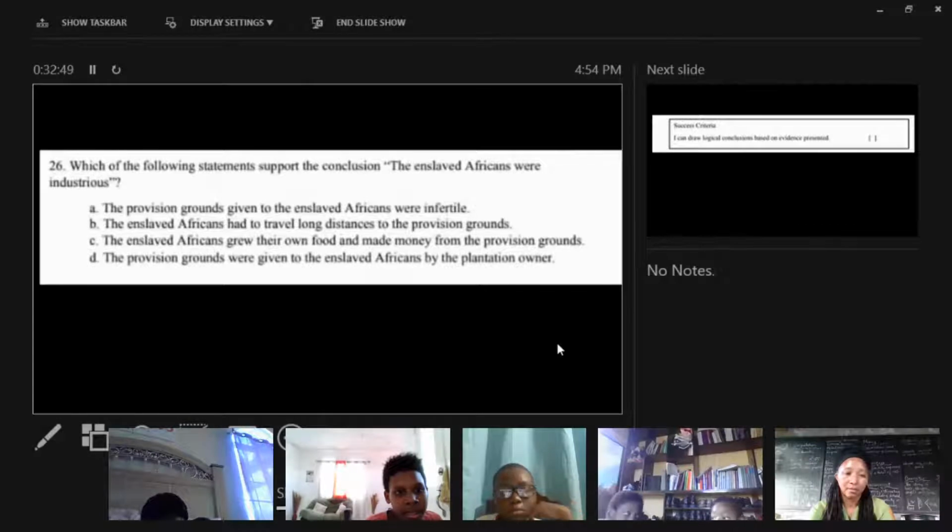B. Enslaved Africans had to travel long distances to the provision grounds. C. The enslaved Africans grew their own food and made money from the provision grounds. Or D. The provision grounds were given to the enslaved Africans by the plantation owner.